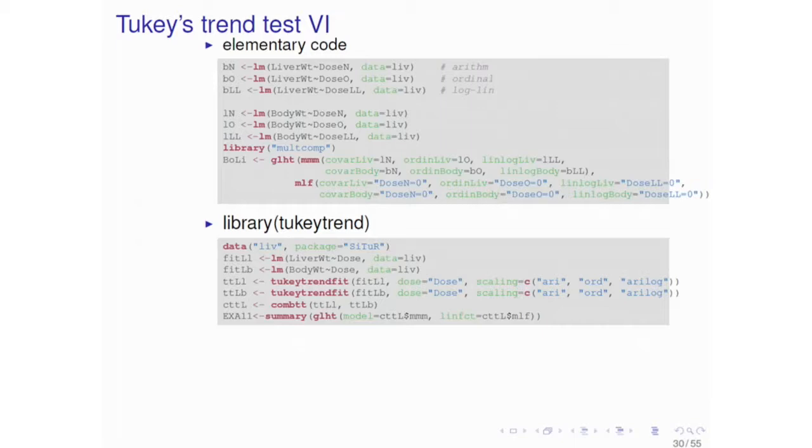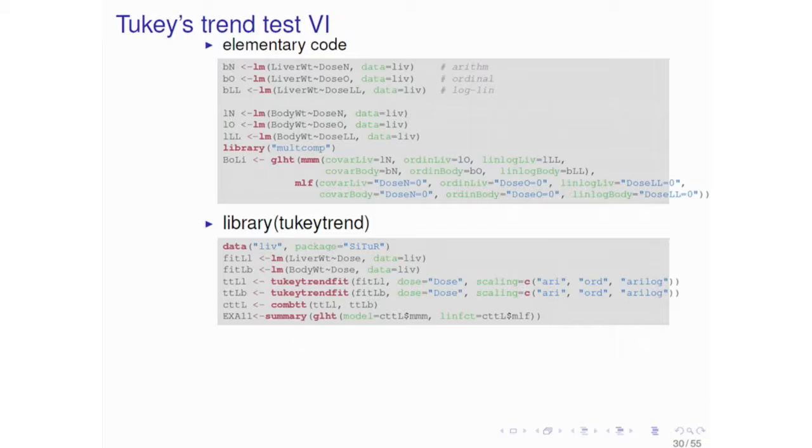Then I use multcomp, glht, the generalized linear hypothesis test, MMM, and then I plug in these 6 objects, and then I define here testing slope versus 0. It could be also slope versus 0.5 if you like, but we test against 0.